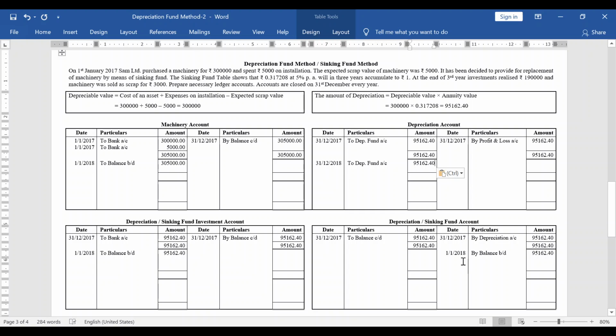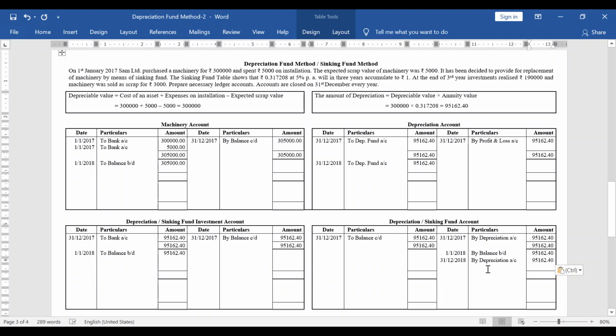So when the transaction is recorded in the depreciation fund account on 31st of December 2018, it is by depreciation account, and the amount is 95,162.40.